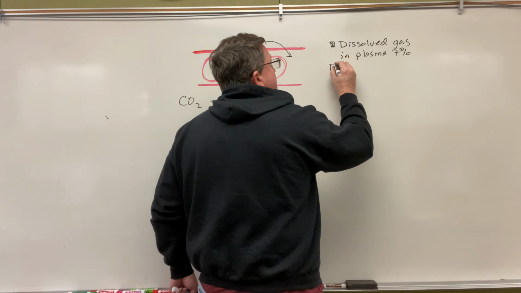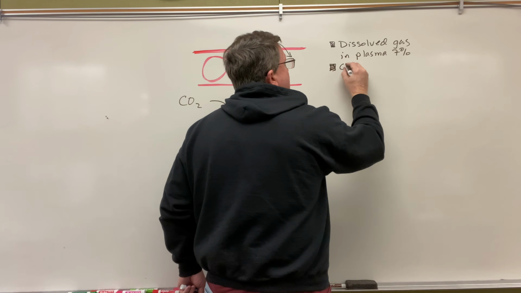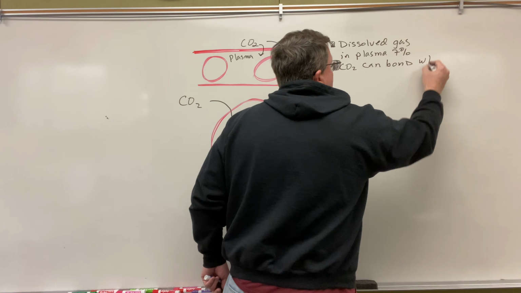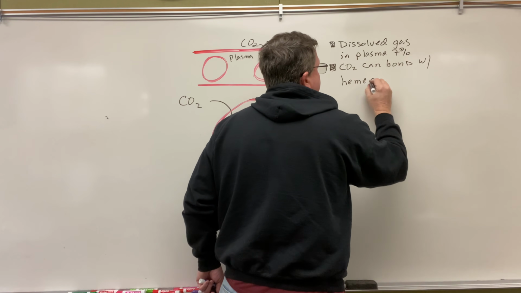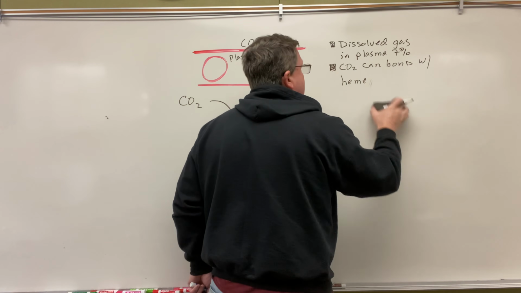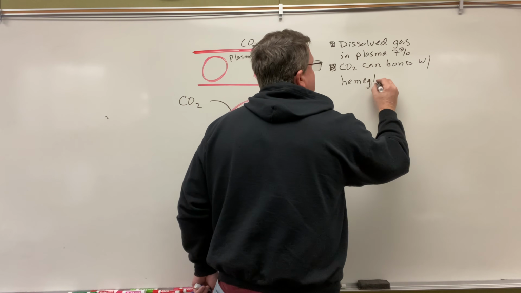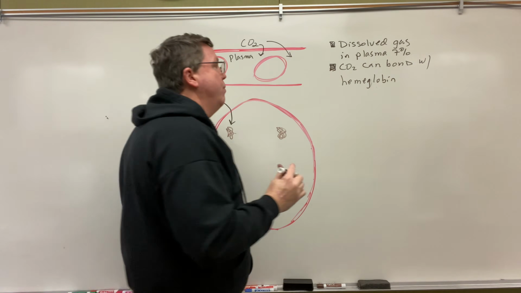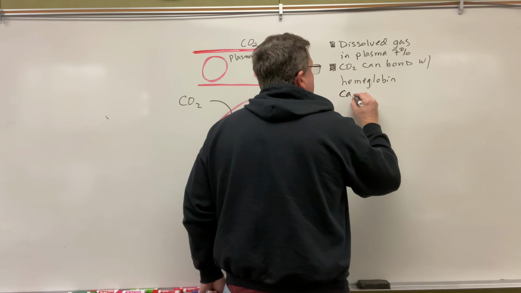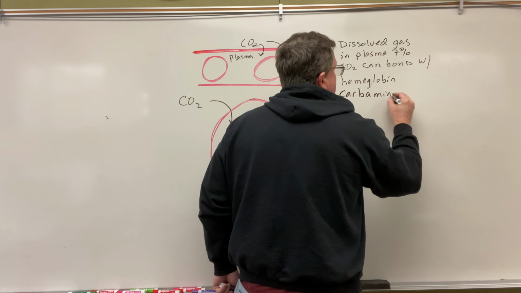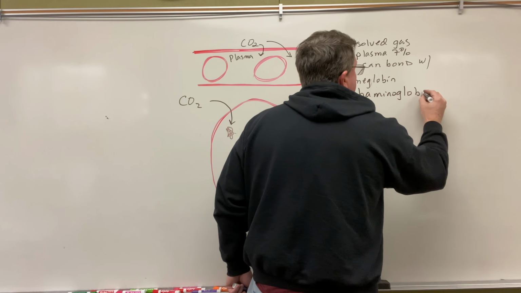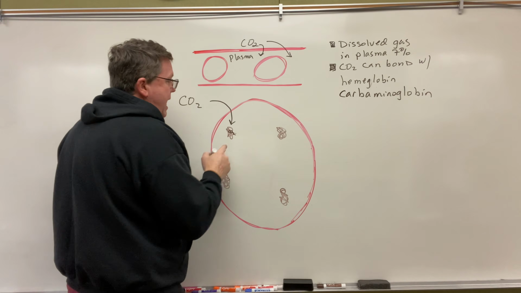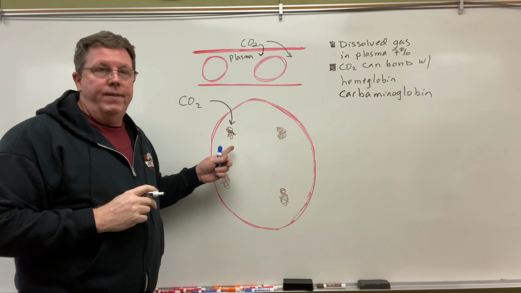So my CO2 can bond with hemoglobin. When it does this, it becomes what we call carbaminohemoglobin. And that's the second way. So when we get this on here, that's my carbaminohemoglobin right there, okay?